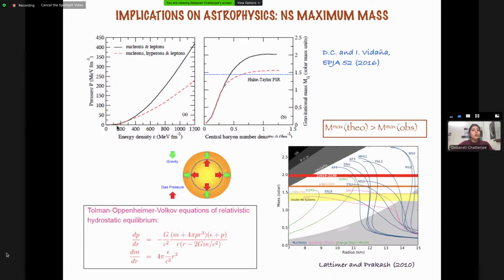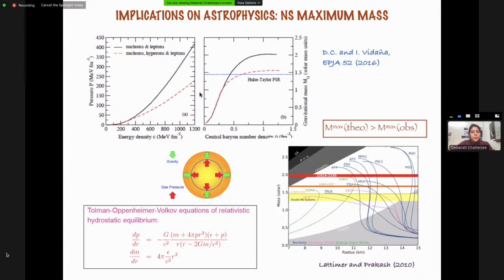If there were no strangeness containing matter, then we would have a very steep equation of state. It's called a stiff equation of state. And then if you introduce strangeness containing matter inside, it would have a lower slope, and this is called a softer equation of state.